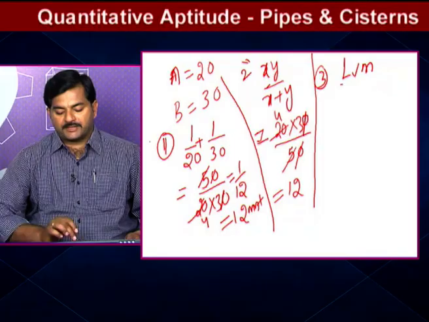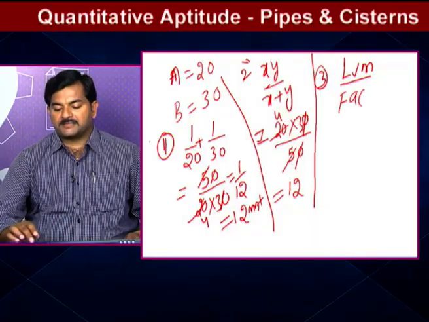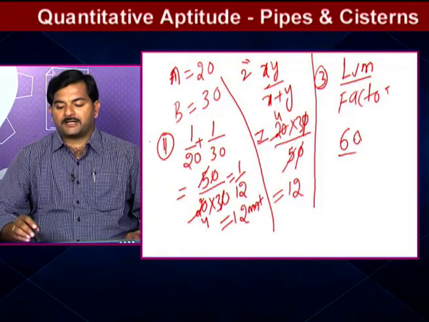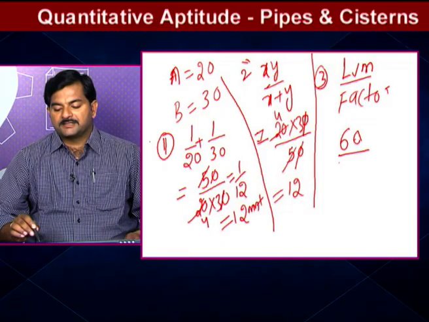We can also solve this question by type 3, which is somewhat very easy. Here one simple concept is used, the LCM by factor concept. We take the LCM of 20 and 30, which is 60.